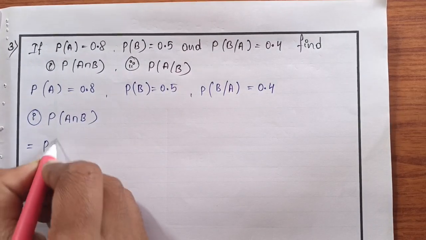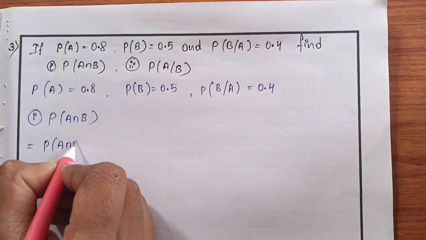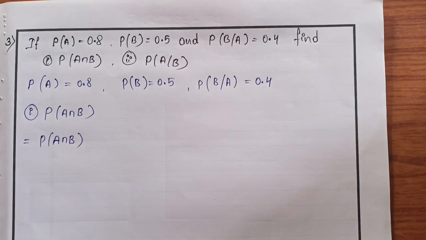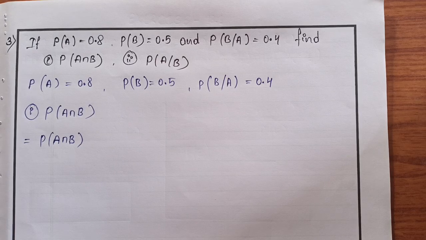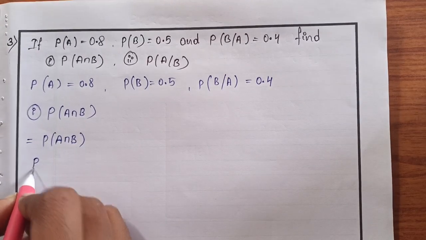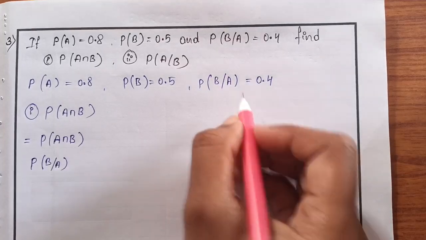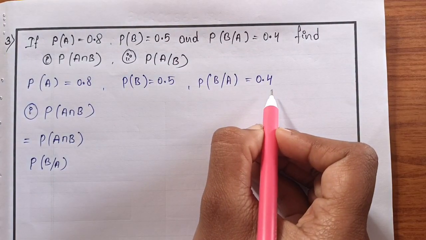Probability of A intersection B. In this question we use the formula for probability of B by A. Why? Because the answer for B by A is already given.